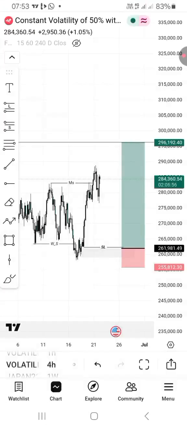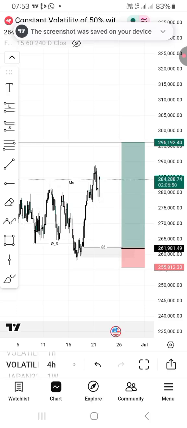So we started from the monthly time frame. Let me give you a recap. On the monthly time frame, we saw a market structure sweep. We saw how price broke market structure, gave us a market structure shift, and we want to sell into discount zone and buy.